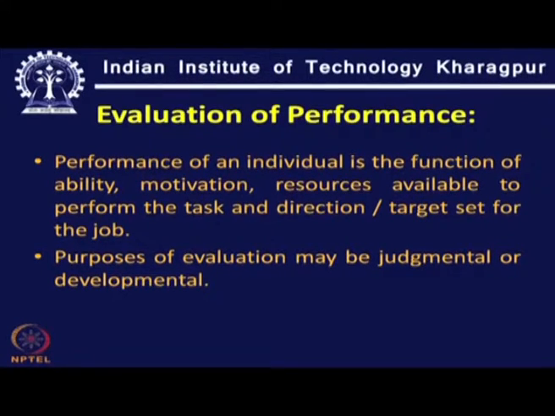So, when we are talking of what performance is, the performance of the individual is a function of ability, motivation and resources available to perform the task, and direction, the target set for the job.